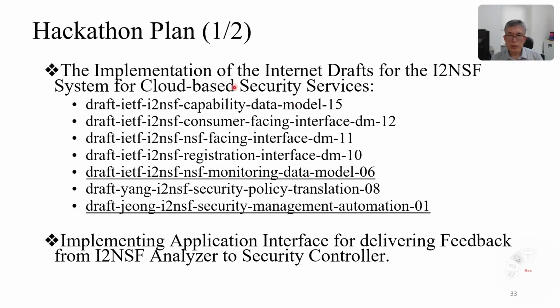So the hackathon plan is the implementation of the Internet-Drafts for the I2NSF system for cloud-based security services. We used those drafts, especially the updated ones. We implemented an application or analytics interface for delivering feedback from the I2NSF analyzer to the security controller.